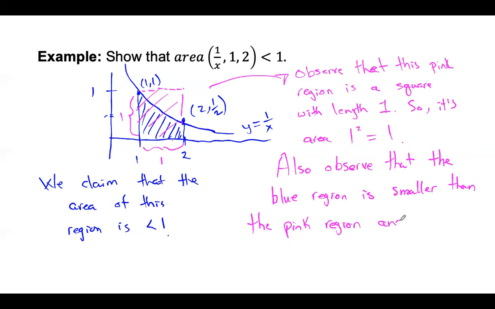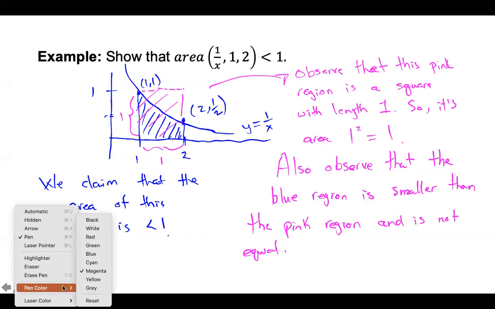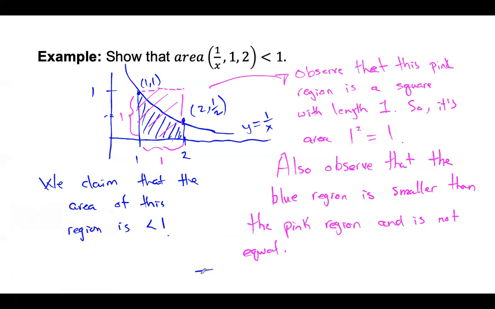And they're not equal. So therefore, this concludes that the area of 1 over x, the area underneath that curve from 1 to 2, has to be less than 1.